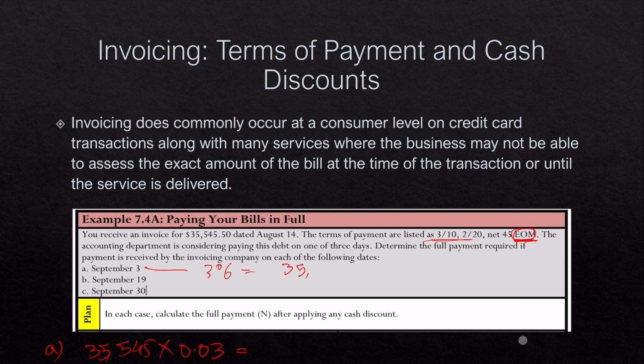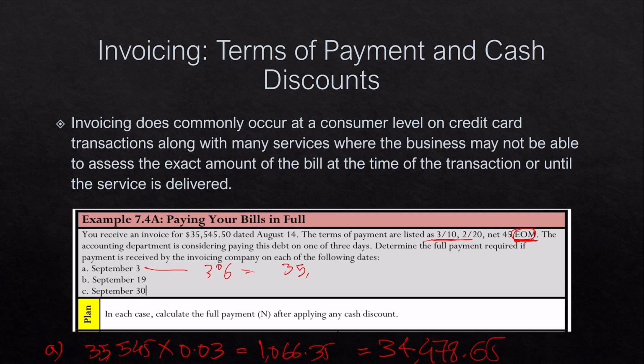That is going to be the discount amount, which is 1,066.35. So ultimately, how much do we have to pay? We have to pay 34,478.65. So this is going to be the amount in case we are paying on September 3rd.